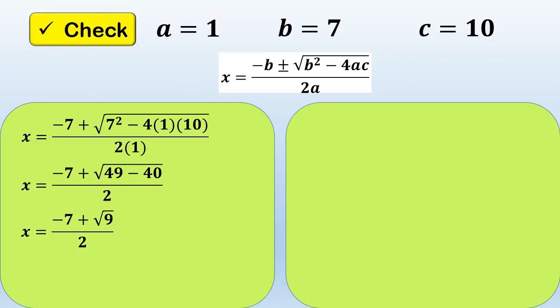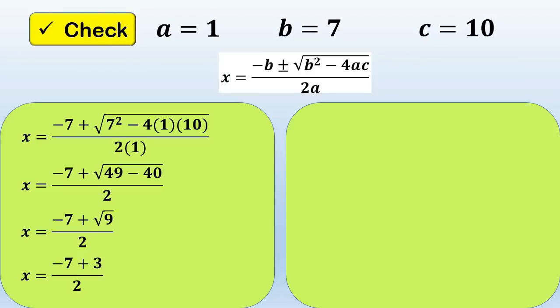So negative 7 plus the square root of 9. So square root of 9 is equal to 3 over 2. So we have here now x is equal to negative 7 plus 3 over 2. Now, let's combine the numerator. Negative 7 plus 3.